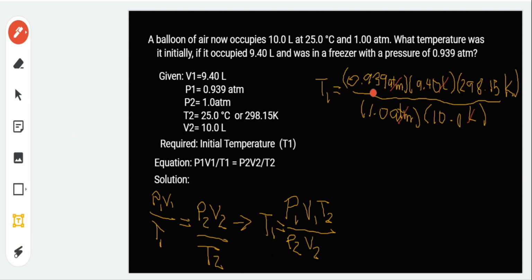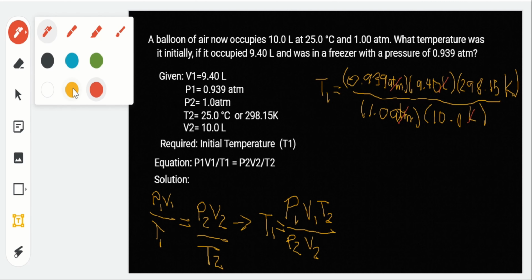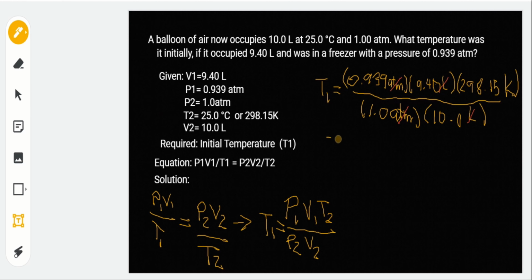So, first, let's get the product of this. So, 0.939 times 9.40 times 298.15, that is equal to 2631 point. Let's write all the digits that appear on the calculator for more significant figures, so it is more accurate.